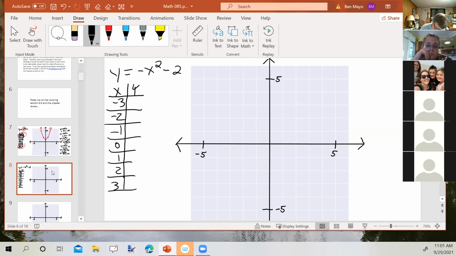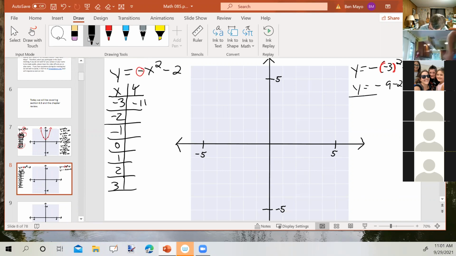We've got to be careful now. y equals negative, the quantity -3 squared minus 2. So this negative is outside of the square. So whatever x is, I have to square it, get the results, and then put a negative sign in front of it. So this is going to be y equals -9 minus 2, which is -11. Okay.